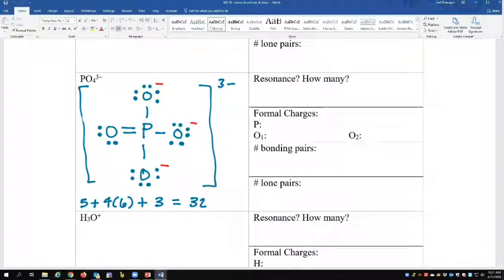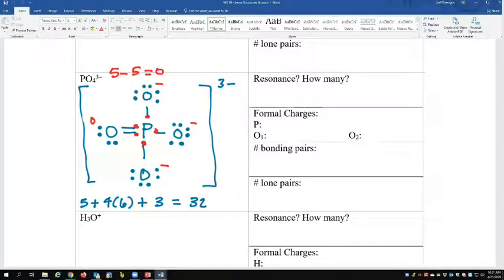Now if we look at formal charges, for this oxygen, it came in with 6, and it's leaving with 1, 2, 3, 4, 5, 6. So 0 formal charge. And the phosphorus came with 5, and it's leaving with 1, 2, 3, 4, 5.